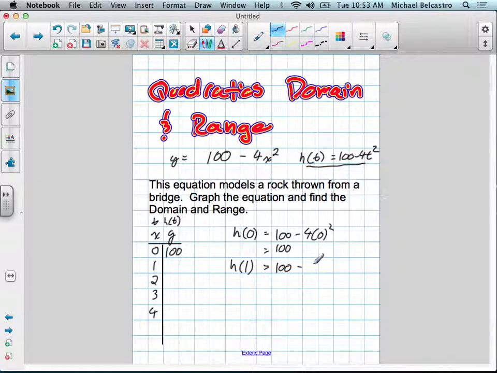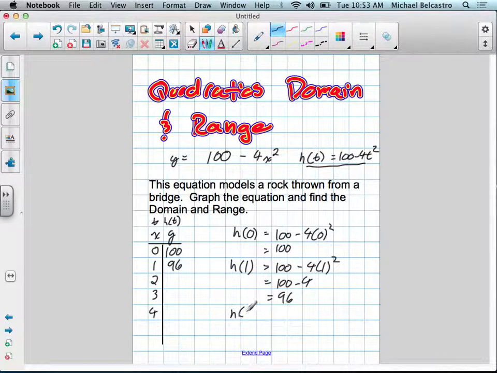That will give us 100 minus 4 times 1 squared. 1 squared is 1 times 4 is 4. Our height is now 96. So we're noticing that the rock is starting to decrease in height. It's falling to the ground.